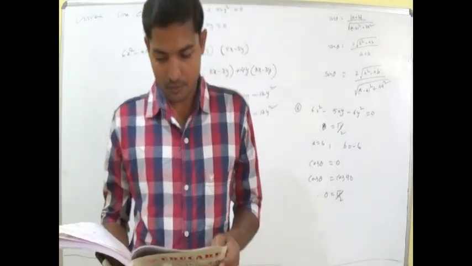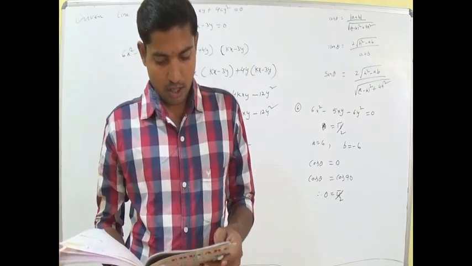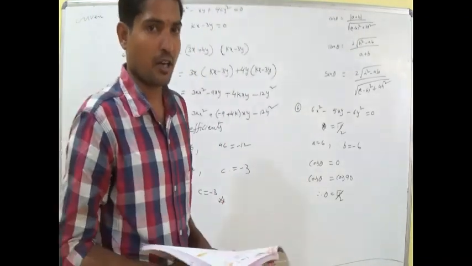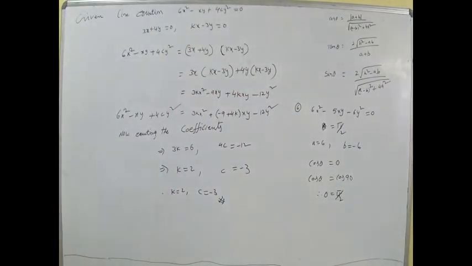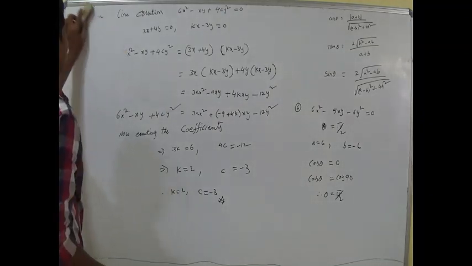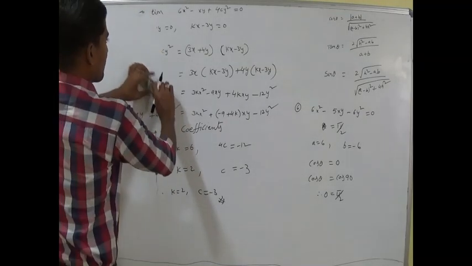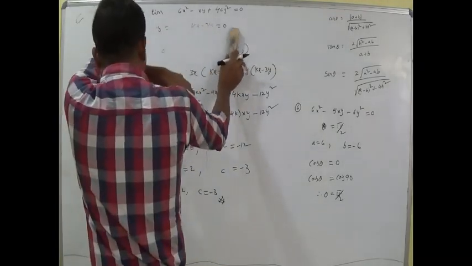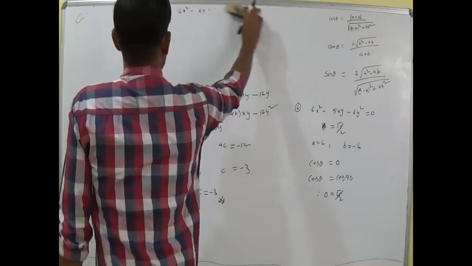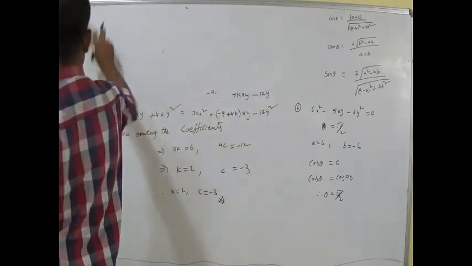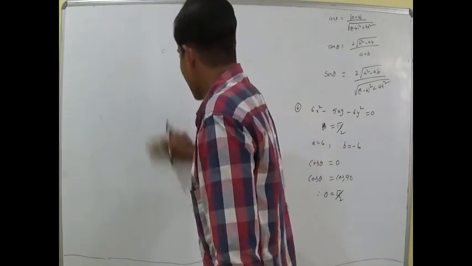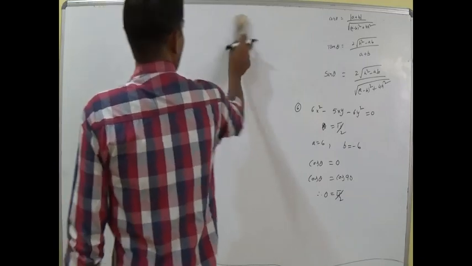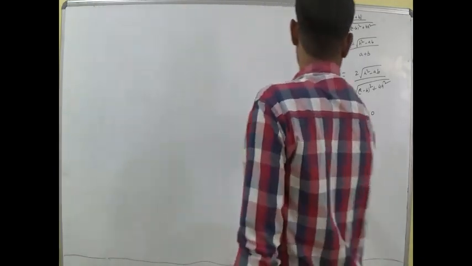Next, we'll explain about tan theta now. Tan theta equal to 2 root of h square minus ab by a plus b.